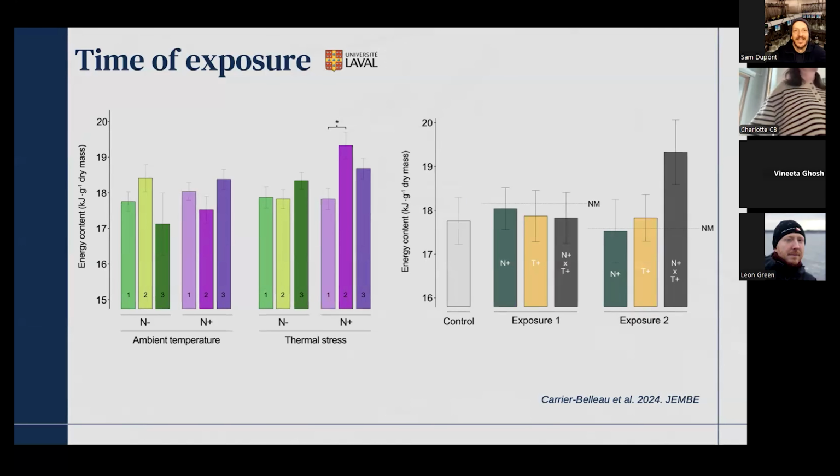Energy content, however, can be either a response to stress or it can be a positive thing. It could also be an increase in food availability at this time of the year because we were in a natural environment. So it's a little frustrating that we can't dig deeper into the interpretation of this result, but we do see a shift in the effect of multiple stressors across time.